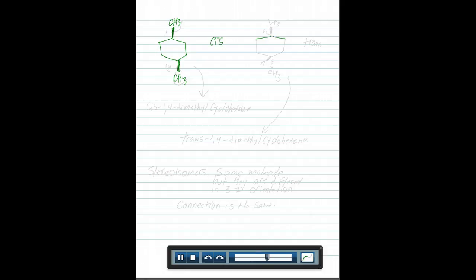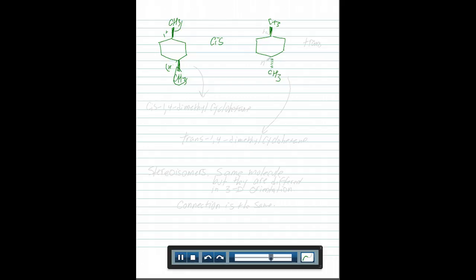You can also draw it where one of them is wedging out, meaning coming out towards you, and the other methyl group is going back. Now what I didn't draw in there are the hydrogens. Technically on the molecule on the left, you would have a hydrogen going back and another hydrogen going back. So notice your hydrogens are on the same side of the molecule and your methyls are on the same side of the molecule.